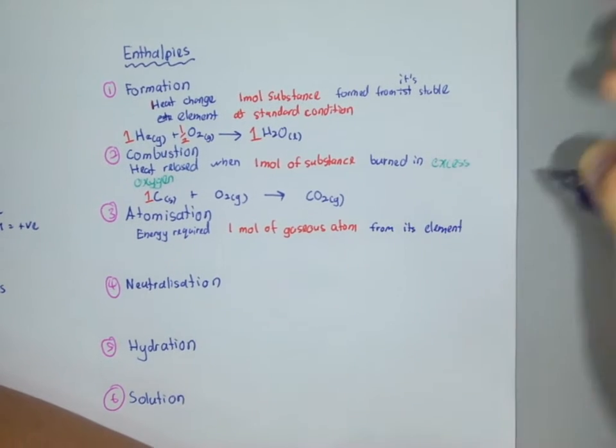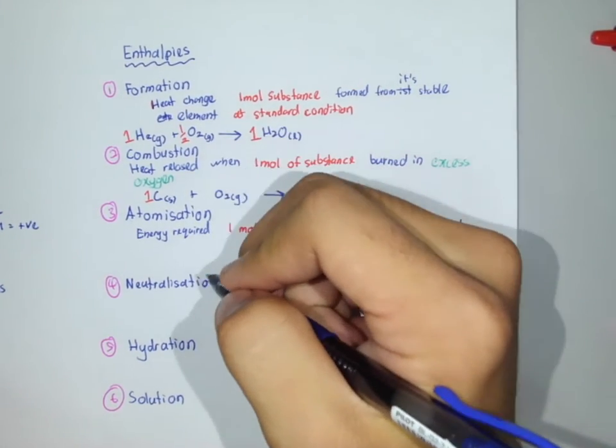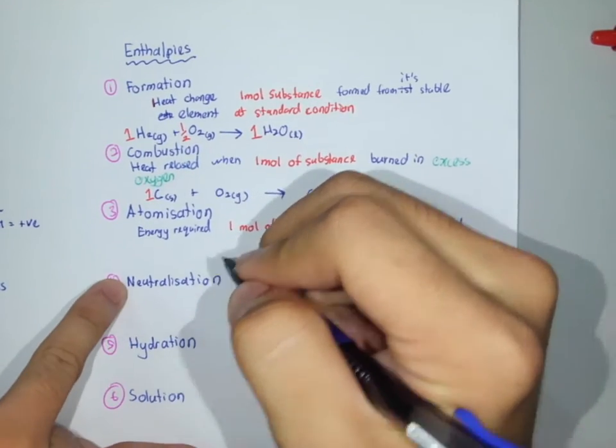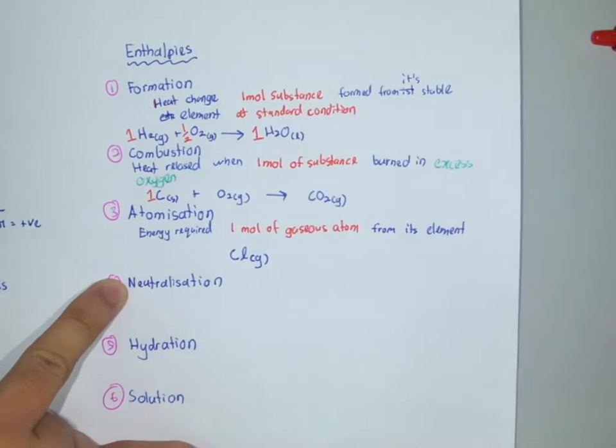So the energy required to make it into gas form. So let's look at one example. One example is for you to make chlorine gas.